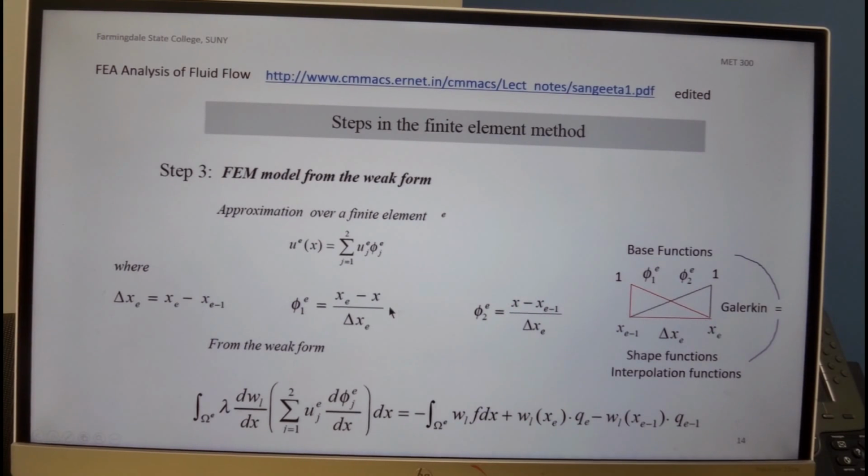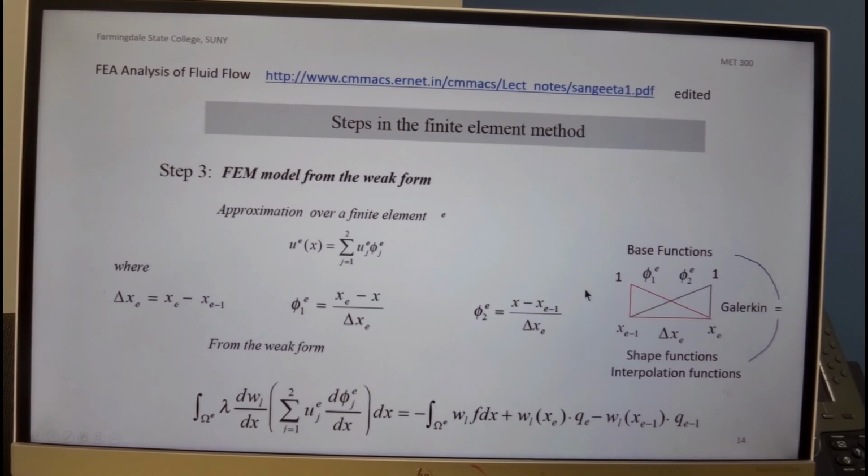And we see that when we place the value of xe in this linear function, then phi1 becomes 0 at xe, and if we put over here x equal to xe minus 1, then xe minus xe minus 1 is exactly this length, which is delta xe, and we have a value of 1. So this shape function is a linear line which has a value of 1 at one node and a value of 0 at another node.